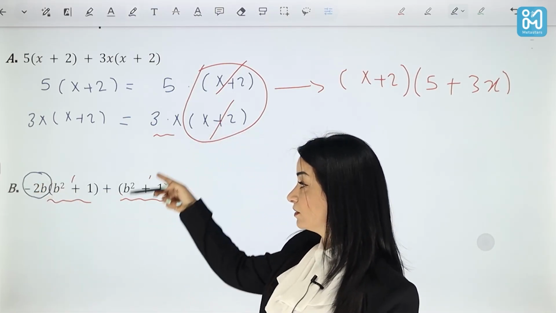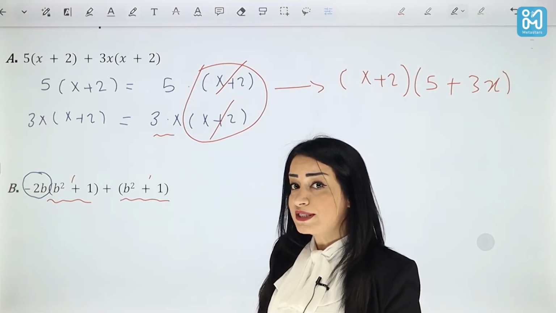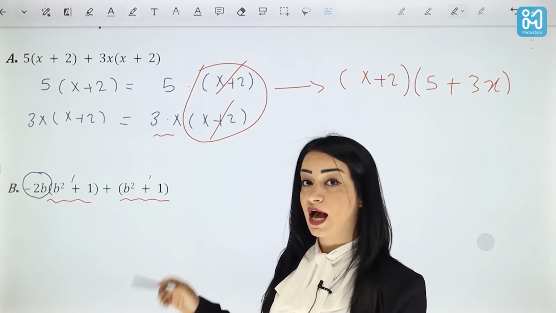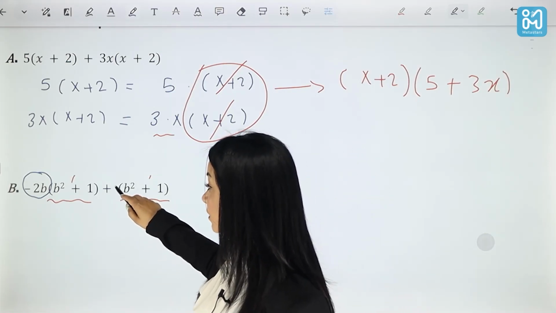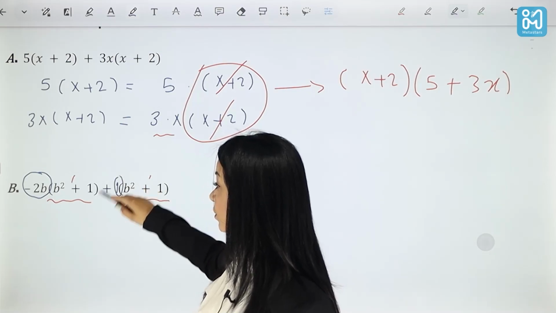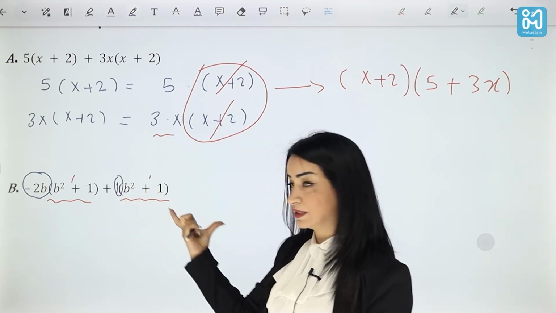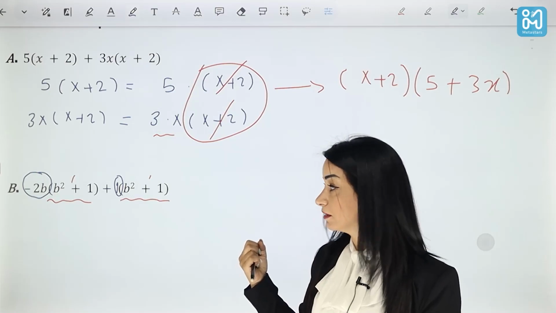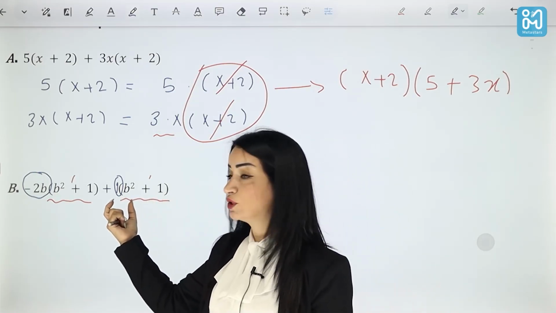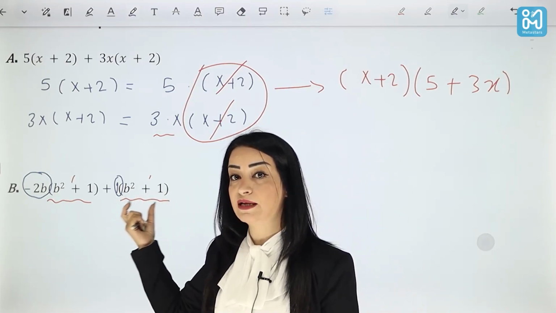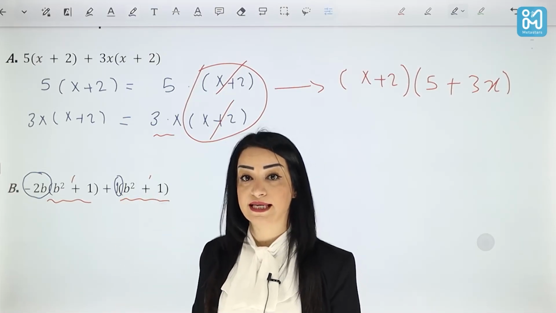If I took b squared plus 1, what do I have left? Actually, I have 1. So always remember, when I take all the second part as a common factor, I always have to keep its place by putting 1 instead.